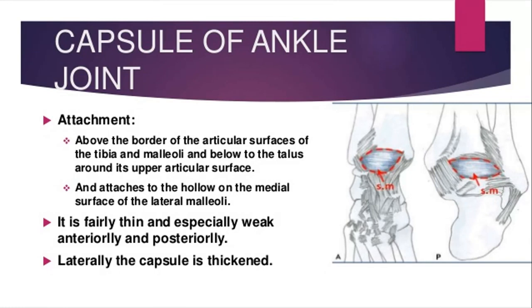And it is thin and weak anteriorly and posteriorly. If you move your ankle, dorsiflexion and plantar flexion, you can imagine that it must be weak here to allow the movements, and laterally, so that the joint does not dislocate, the capsule is thickened.